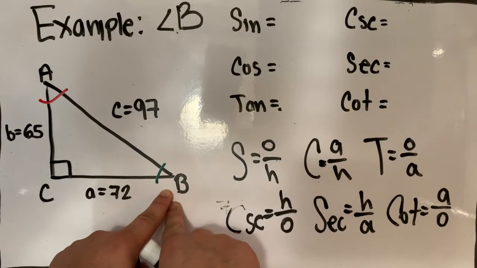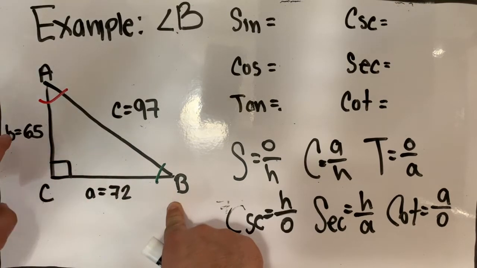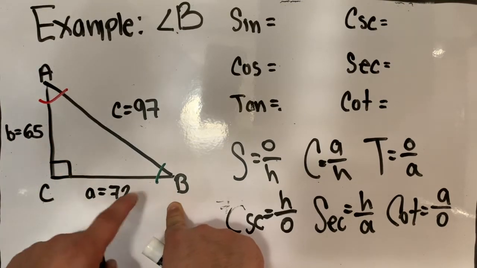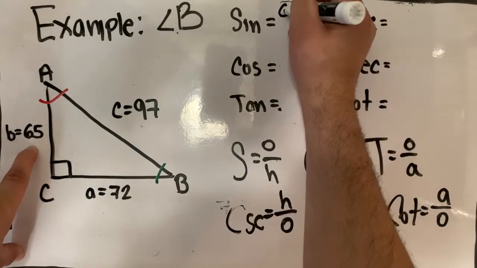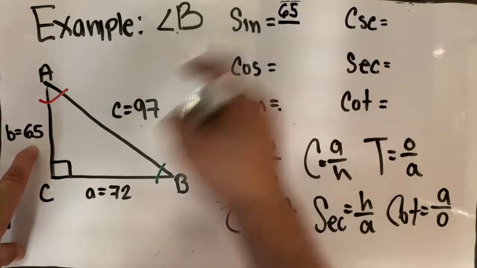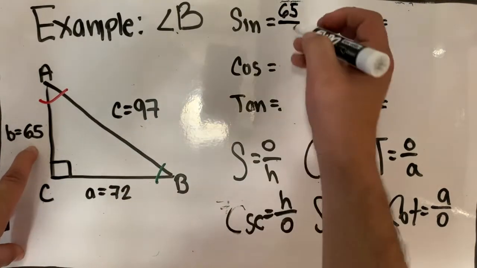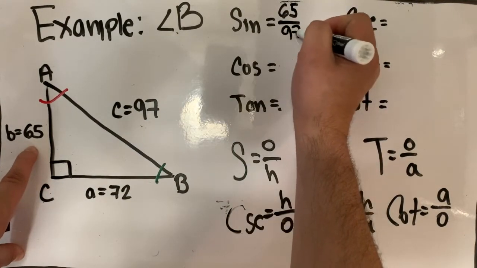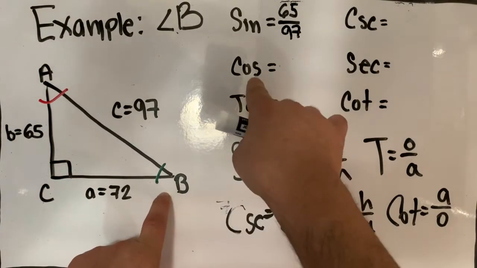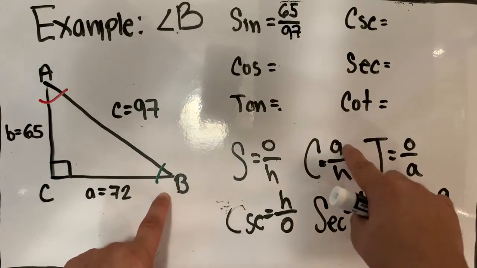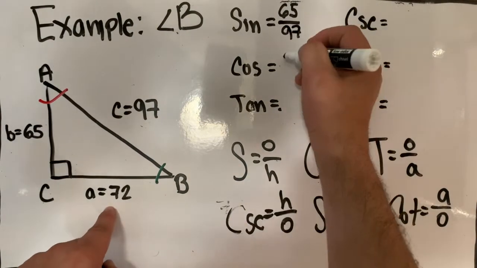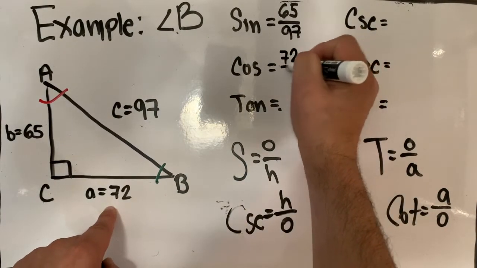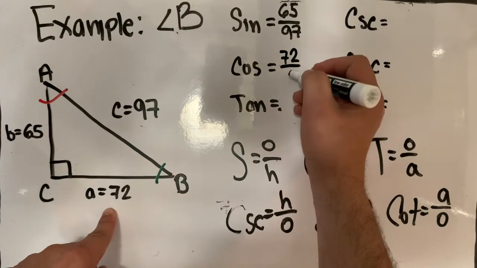The opposite side of angle B is not 72 now. Now the opposite side is 65. So I'm going to write 65 over the hypotenuse. The hypotenuse is 97. For the angle B, the cosine is equal to adjacent over hypotenuse. The adjacent of angle B is 72, and the hypotenuse is going to be 97.